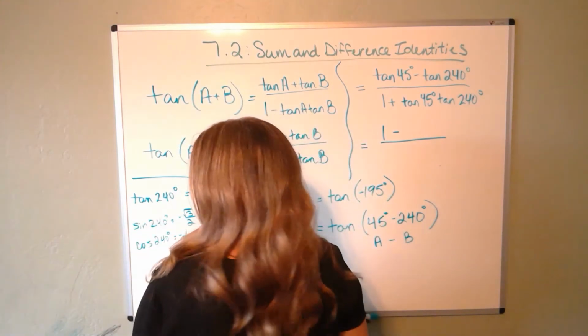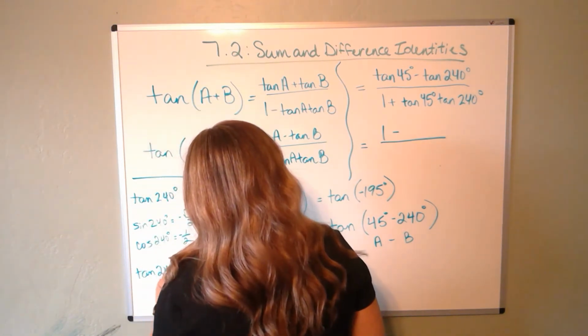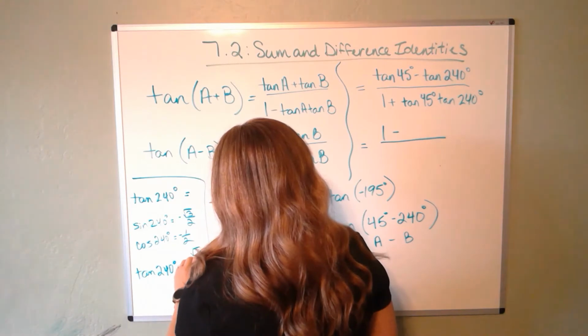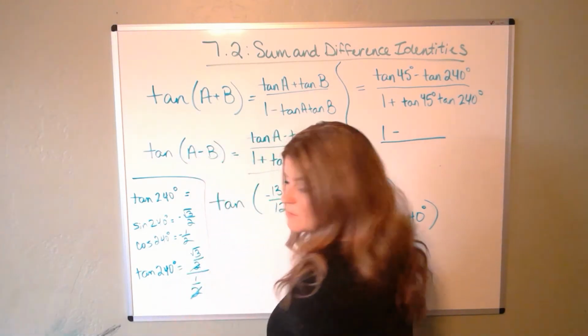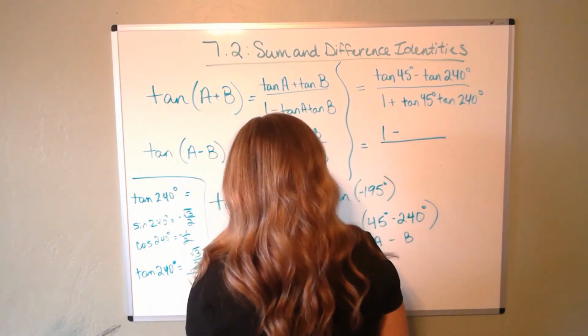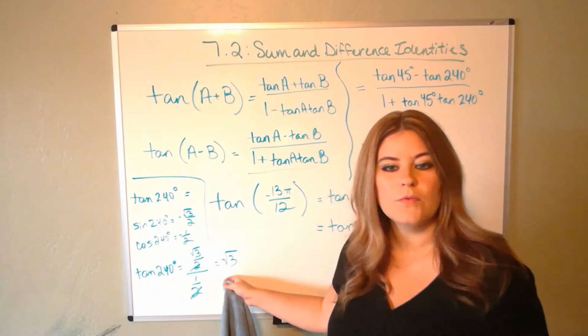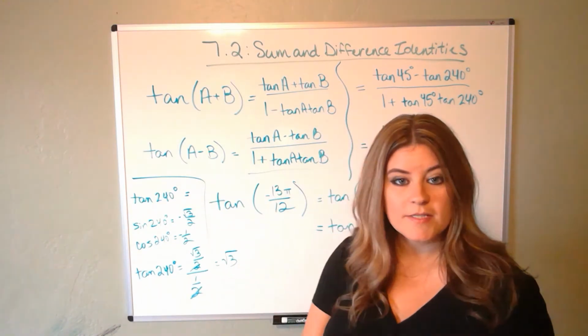So if you put them over each other to get the tangent of 240, sine over cosine, you get root 3 over 2 over 1/2. Remember, those 2's that are both in the denominator cancel out, and you end up with just root 3. And it is positive. Tangent is positive in the third quadrant.